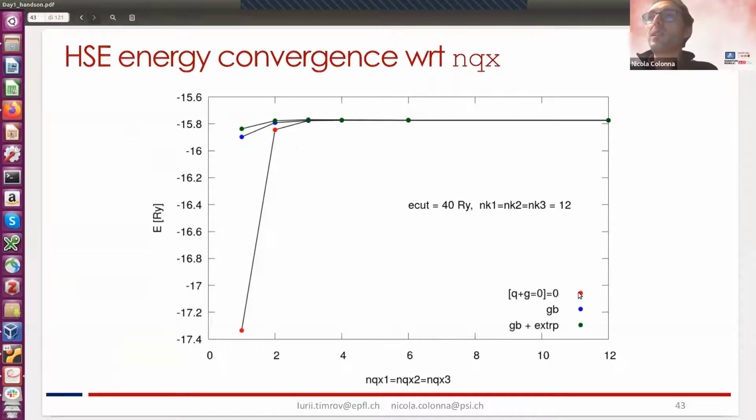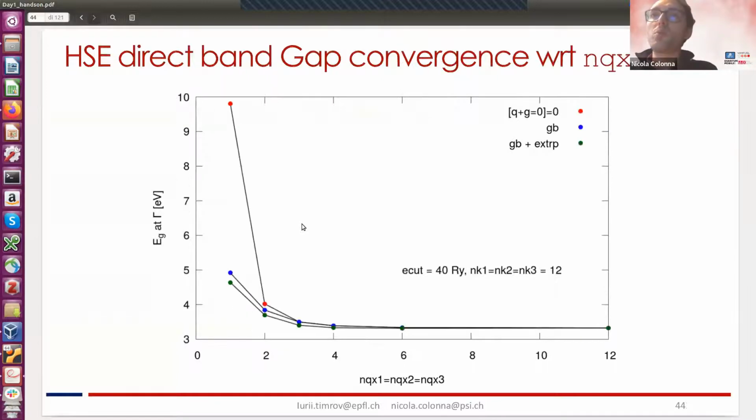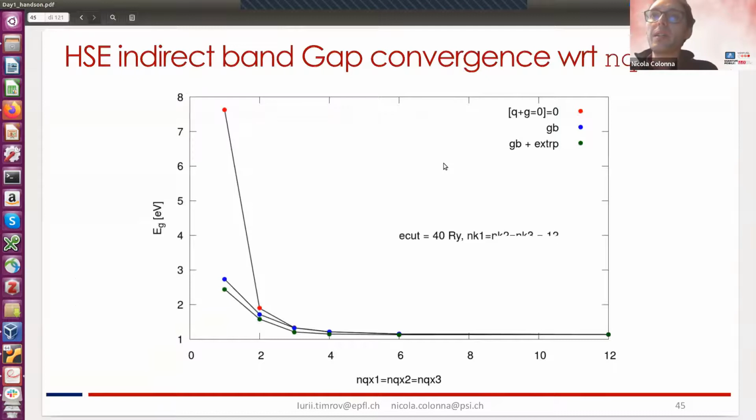Even if you don't put in any Gygi-Baldereschi correction, 3 by 3 by 3 is already enough to converge the simulation. If you plug in the Gygi-Baldereschi correction, you are almost converged even with a q mesh of 2 by 2 by 2. Again, the gap converges a bit slower, but for 4 it's already enough, and there is no big difference anymore between the uncorrected scheme and the corrected one. The same is true for the indirect band gap.